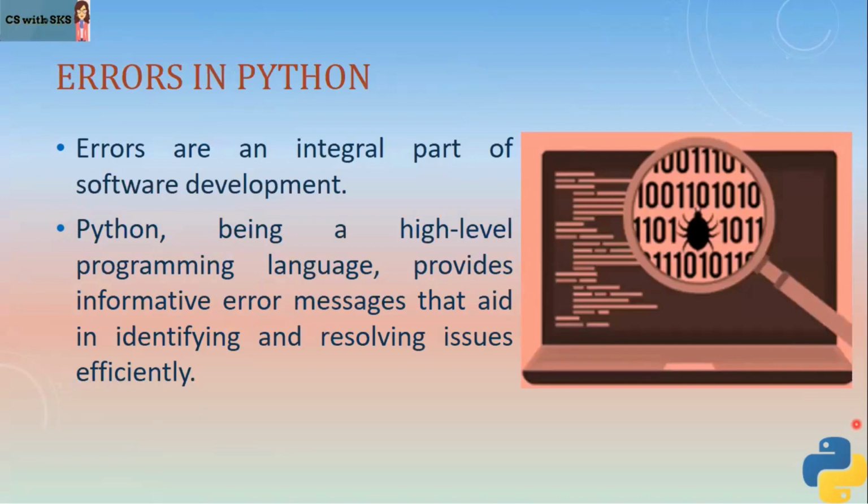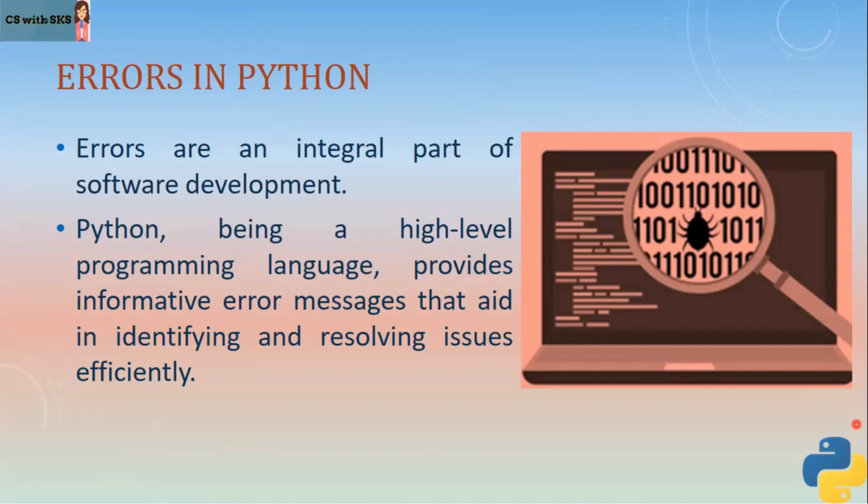Now, what are errors? Errors basically are an integral part of software development. Whatever programming language you use, Python, C, C++, when you create programs, when you test them, when you try to execute them, you encounter errors.